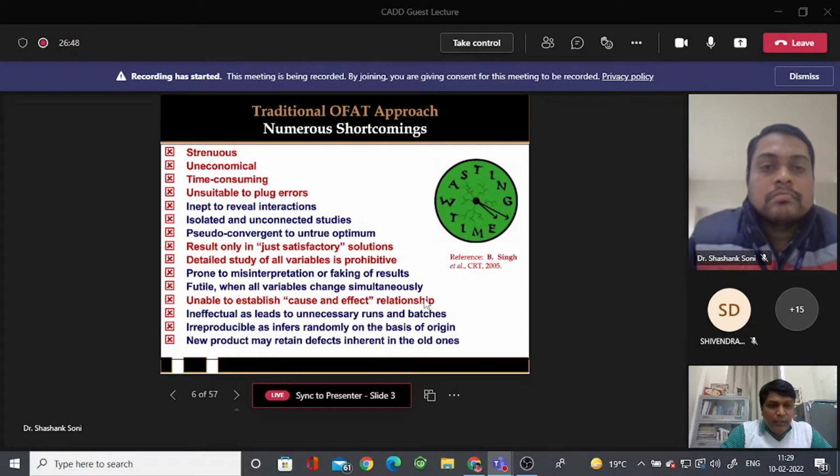Therefore, you shouldn't think that OFAT is a totally futile exercise, but it has become the culture that when you praise one approach, you have to come up with the shortcomings of the other approach. But OFAT is as equal as QbD for an expert person who has a lifetime of experience and a good understanding of materials, methods, and everything. The OFAT or OVAT technique is equally valid as QbD.